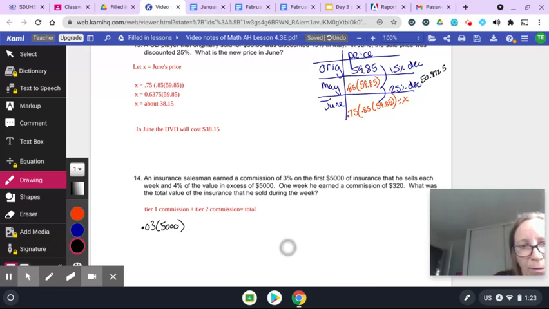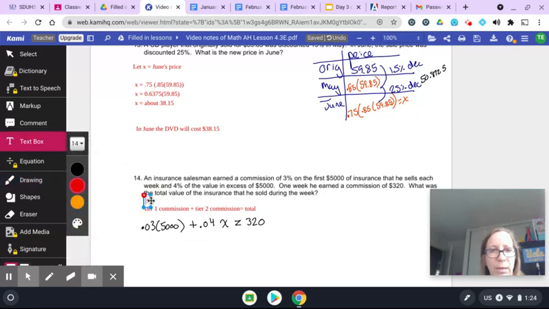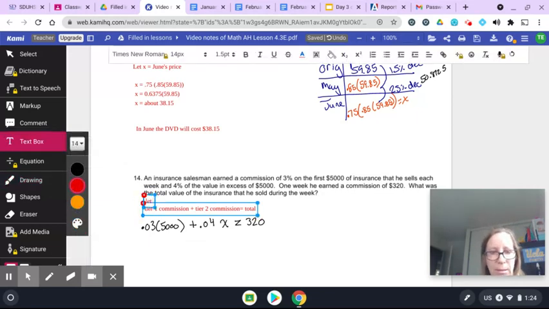Well, I'm going to call the value that exceeds $5,000 my X. 4% X. One week, and he earned $320. What was the total value of insurance he sold during the week? Okay, so I have to be careful because I'm defining my variable not as a total. So let X equal sales after the 5,000. Just to make my equation cleaner. I can make it harder. I don't want to.